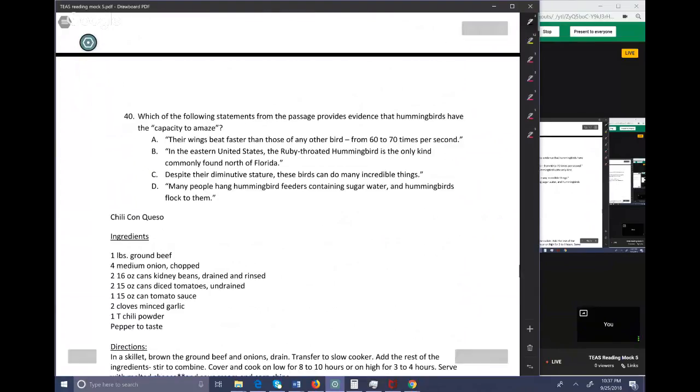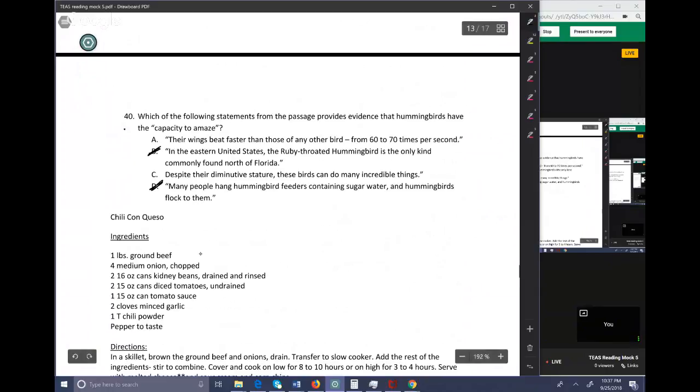And then the last one on that one, which of the following statements from the passage provides evidence that hummingbirds have the capacity to amaze? So in other words, if you're trying to say that they are amazing, what would be the best thing you could say? The ones that I took out first were B and D. So the fact that people hang feeders doesn't do much in the way of saying that they're amazing.